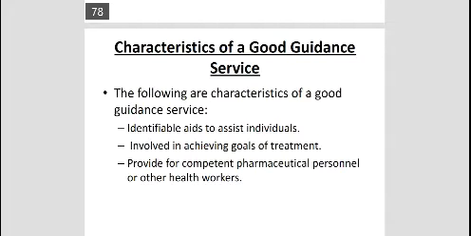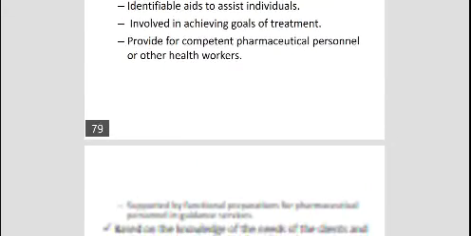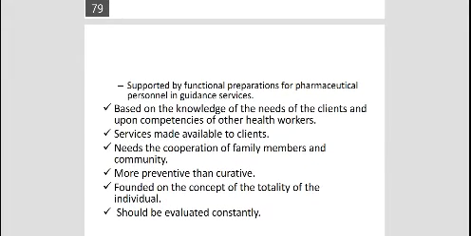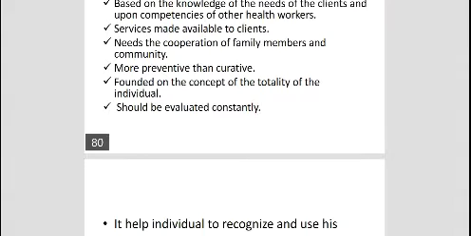Identifiable aids to assist individuals involved in achieving goals of treatment, provide for competent pharmaceutical personnel or other health workers, supported by functional preparation by pharmaceutical personnel in guidance services, based on the knowledge of the needs of the client and upon the competences of other health workers, service made available to clients, need the cooperation of family members and community, are more preventive than curative, founded on the concept of the totality of the individual, and should be evaluated constantly.